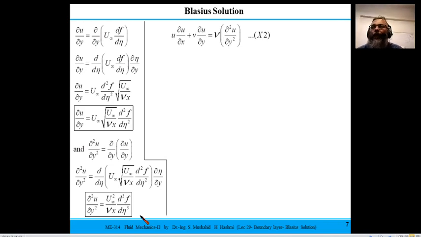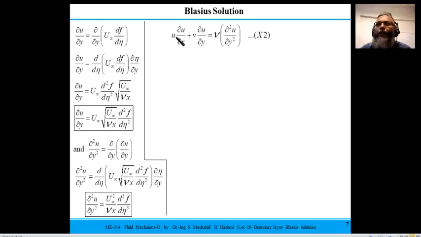Okay, so I have now my x momentum equation, the simplified governing equation, which is supposed to be good for a flat plate when your Reynolds number is high and your boundary layer thickness is much smaller than your characteristic length.